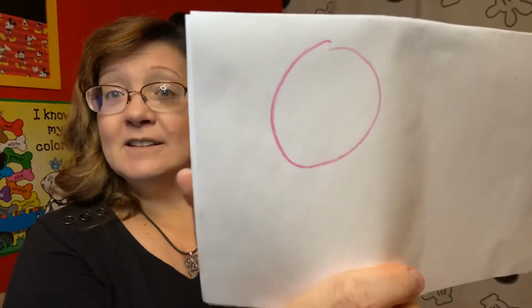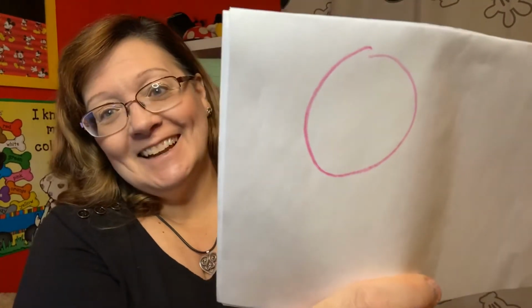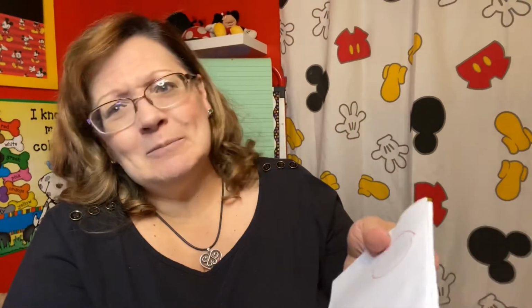Now, you could change it, and you could call out a shape for each page, families. Like you could say, okay, on this page, let's draw 3 triangles. You remember what a triangle is? Well, let's see if you remember. Is this a triangle? No, that's not a triangle. What is that? A circle. So that wouldn't be a triangle.